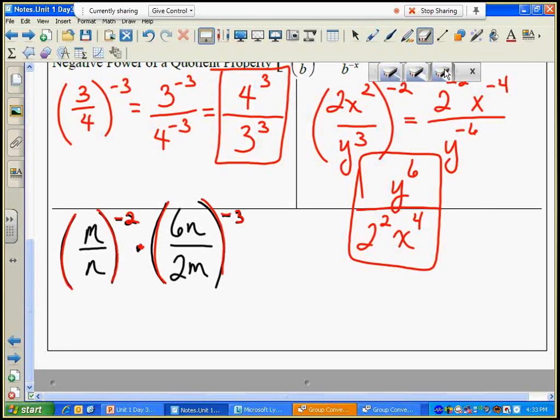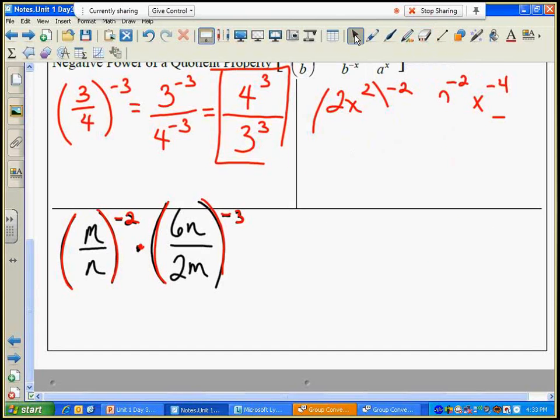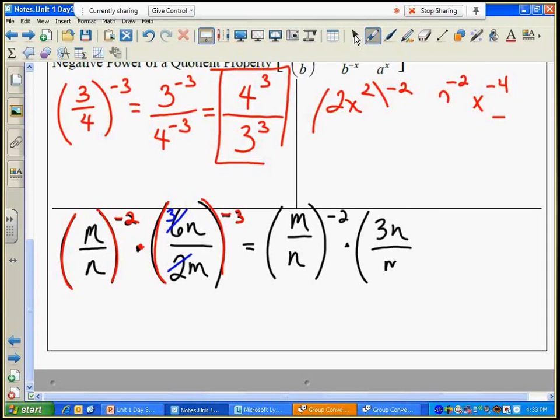Okay, so as we look at those parentheses, the first parentheses has m over n, which means it's already simplified, so we're not going to do anything there. But the second parentheses does have something that can be simplified, namely the 6 over 2. That just becomes 3 over 1, or 3. So I can go ahead and rewrite this as such.